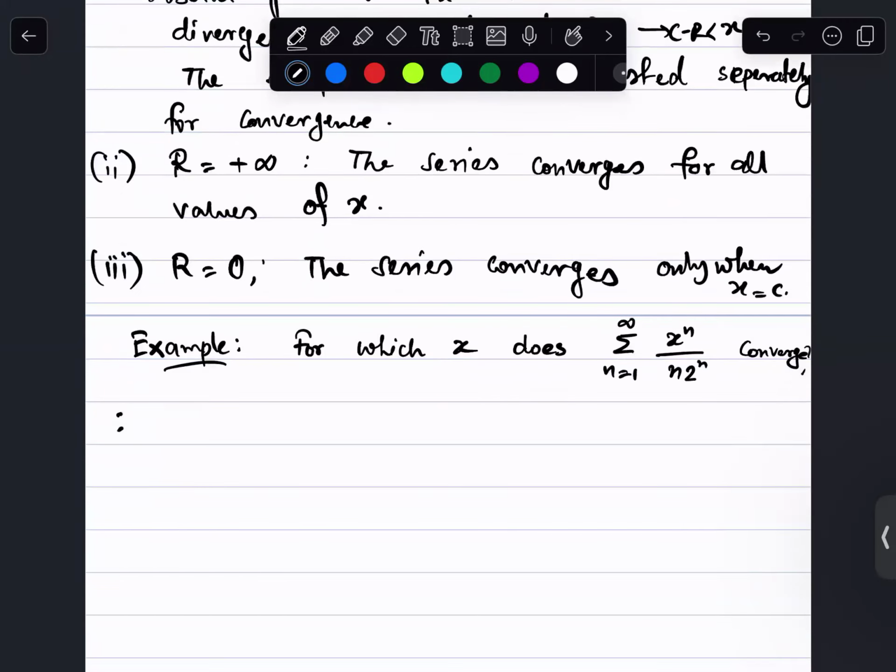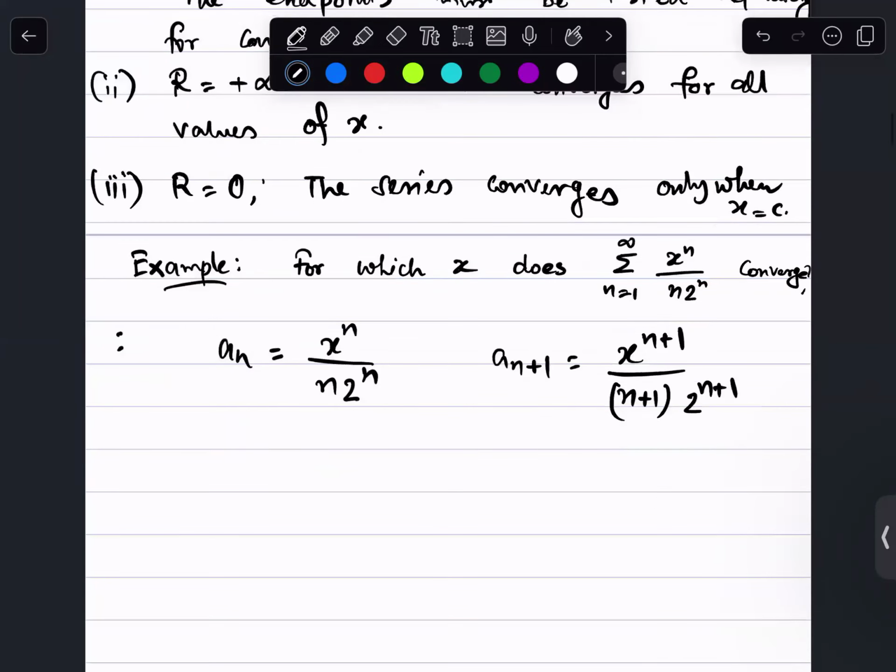Okay, let us move into some examples. So the question is basically you have to find the interval of convergence for this particular power series, x to the n over n times 2 to the n. So just like the problems of ratio test, I'll take an to be the term of the series, and then an plus 1 will be just replacing all the n's with n plus 1, and do the ratio test.